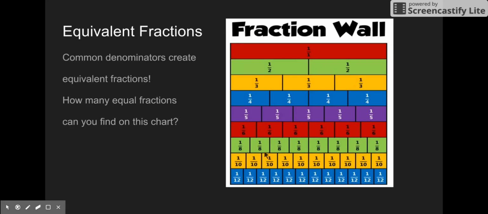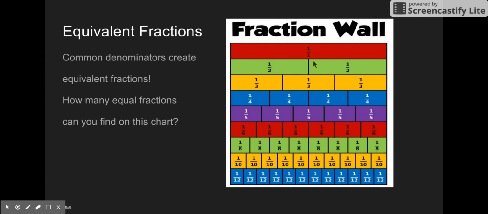Common denominators create equivalent fractions. Study this fraction wall for a moment. Notice that 1 whole is the same as 2 halves, 3/3, 4/4, 5/5, 6/6, and so on. By following a vertical line on the fraction wall, you can find equivalent fractions.